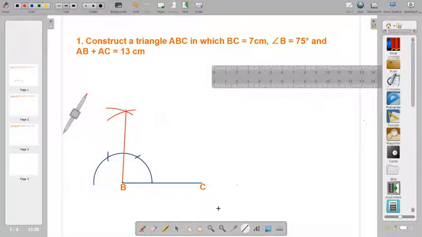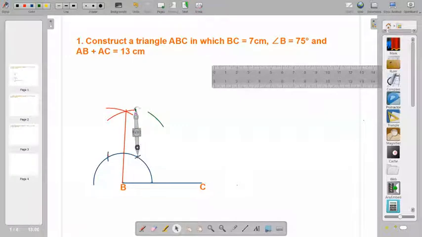Now here I have to get 75 degrees. Again, I take the compass, and with this center and radius I draw one arc. Now I am changing to a different color. This is one arc, and from 60 degrees also I need to draw one more arc.